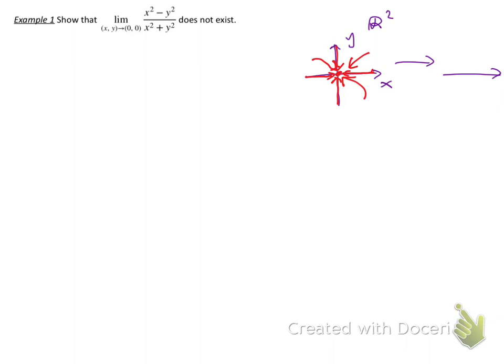Okay, so if (x, y) approaches the origin along the x-axis, what happens is that, let me get another color, you go this way.